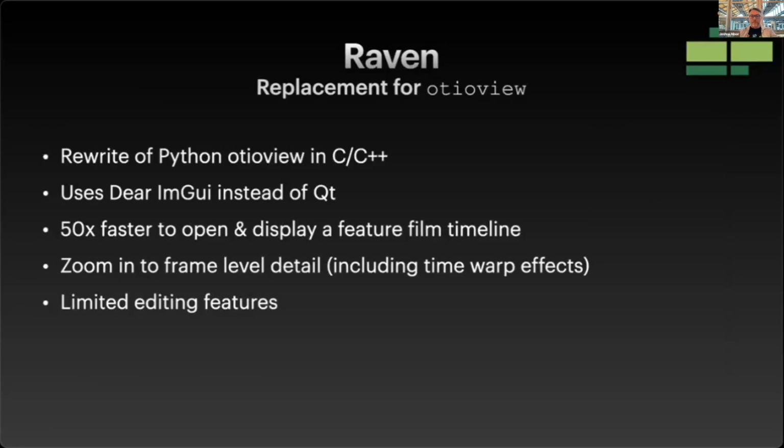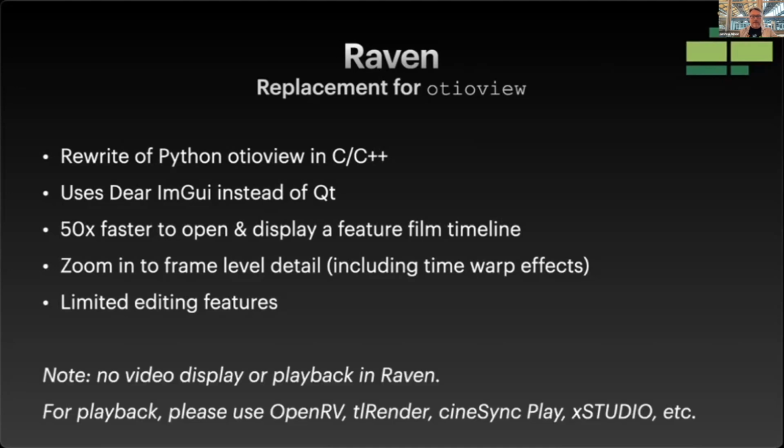We also have some features for fiddling and editing with things. It's not meant to be an editing application, but you can, for example, vary a time warp or the duration of a clip as a way to help understand how OTIO works.